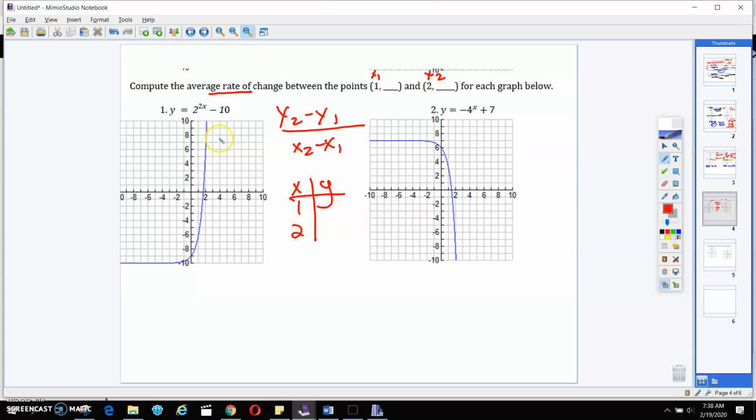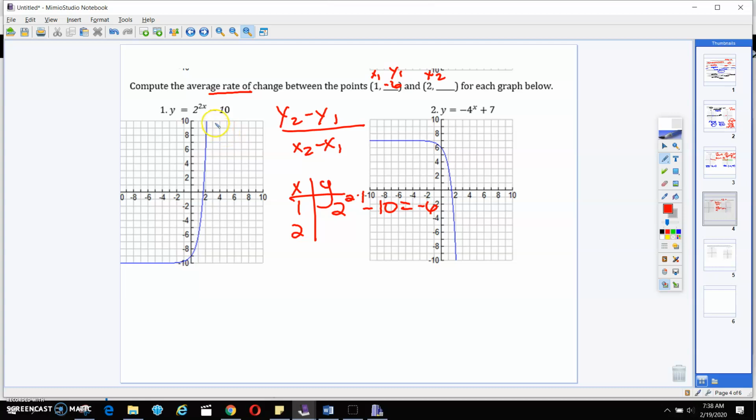So if I plug 1 into this equation, I'm going to get 2 to the 2 times 1 power minus 10. Well, 2 to the second power is 4. 4 minus 10 is going to give me negative 6. So negative 6 is going to be my y1.